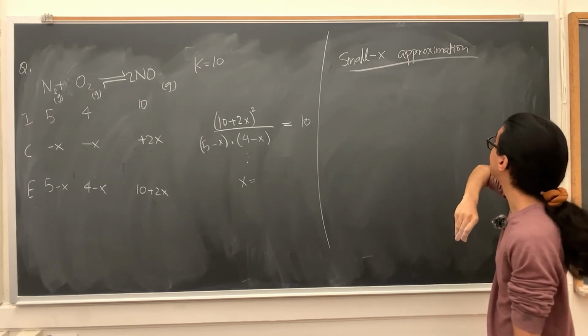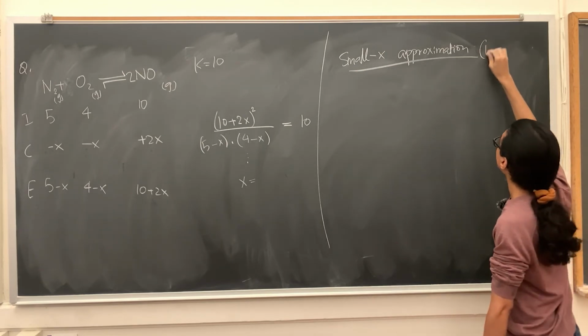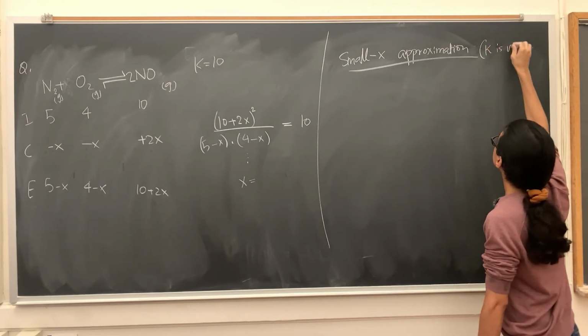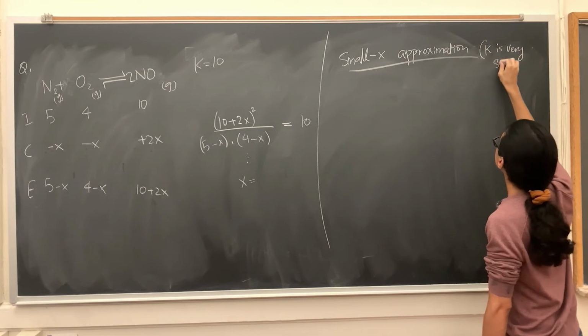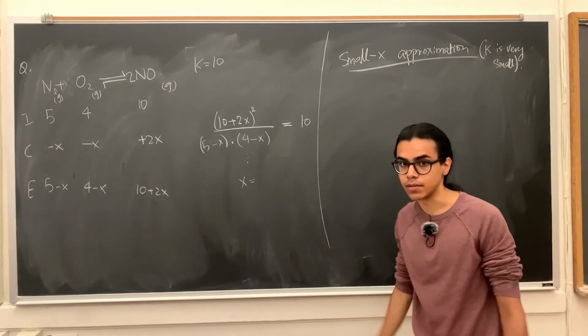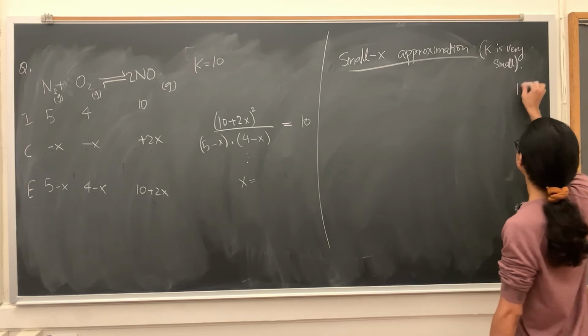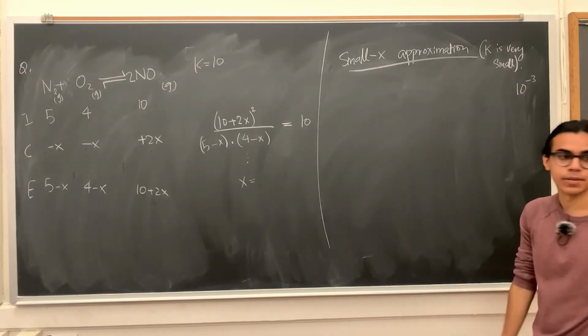It's very easy. And you only use this when k is very small. That's the only time you can use this. How small is very small? Great question. Let's say 10 to the negative 3 or smaller.